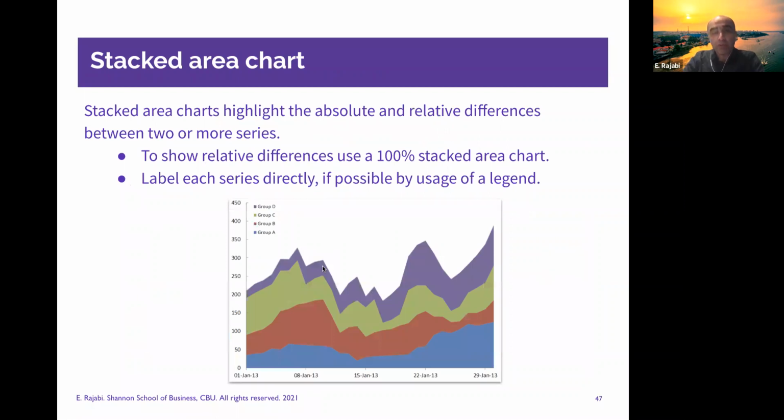Sometimes we use an area chart to highlight the absolute or relative differences. It's similar to a density chart, to show the different series and compare different series on top of each other.